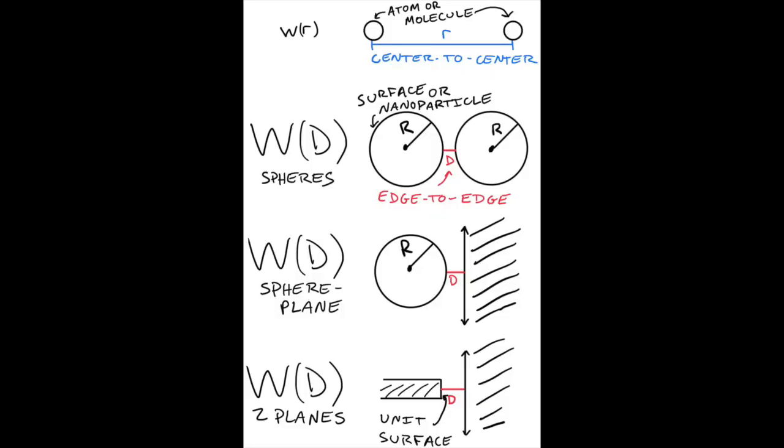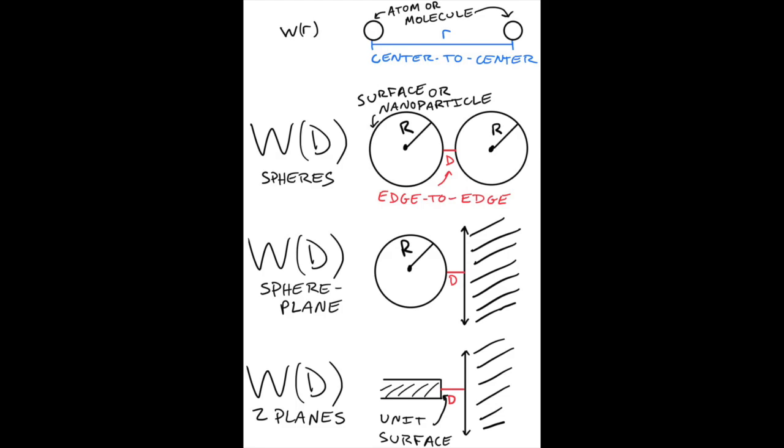So these forces fall off slower when we have large nanoparticles all the way up to macroscopic surfaces. And then we can get different interactions depending on if we have a sphere and a sphere, or a sphere and a surface, or a flat surface and another flat surface.